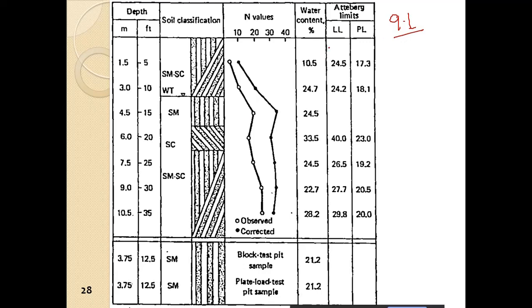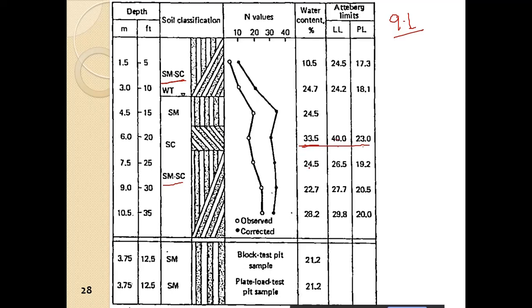What it gives, first of all, is the soil profile. We can see that it is mostly sandy clay, clayey sand, mostly sandy clay of very low plasticity. We can see here the liquid limit, the plastic limit, and the water content in between.